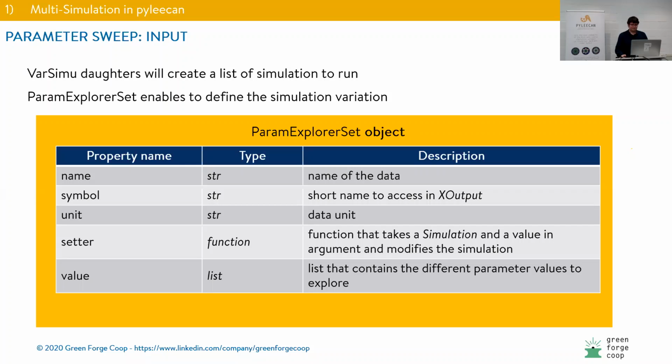And then the values: what range of values should I use for this parameter? For instance, 11, 12, 13, and so on, millimeters as the width for the magnet. So you define the input and the variation of your simulation through this ParamExplorer object.